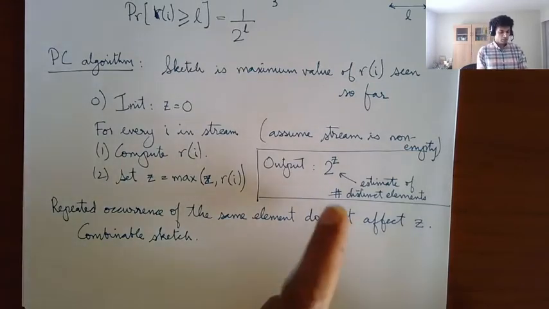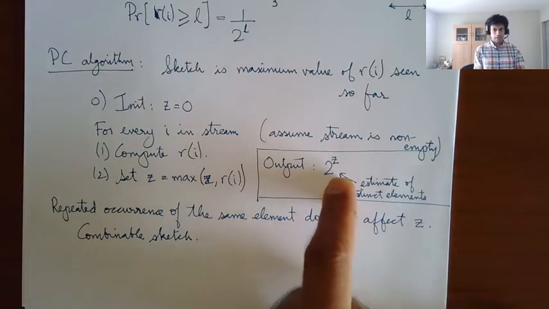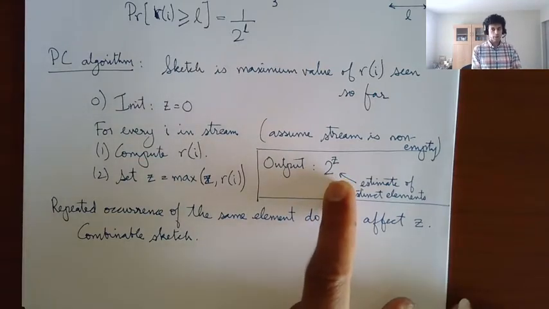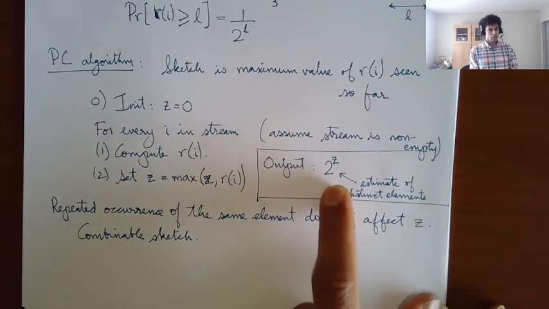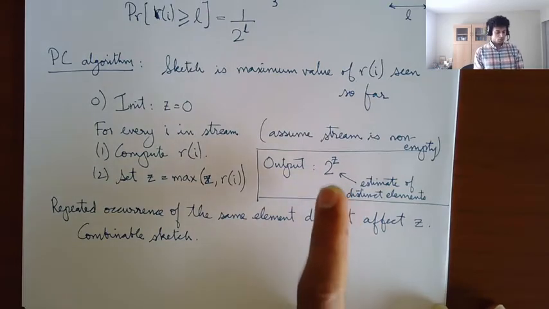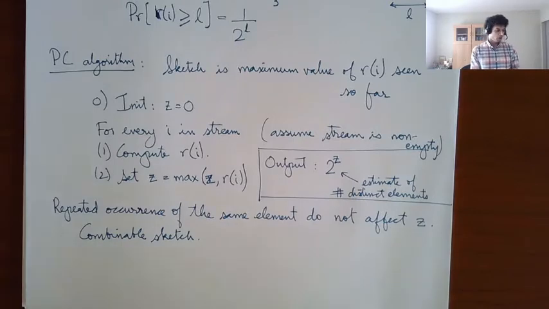But even this is clearly going to be off by at least a constant factor, because the output in this case is always a power of 2, and obviously the number of elements doesn't have to be a power of 2. So there's going to be some error over here.